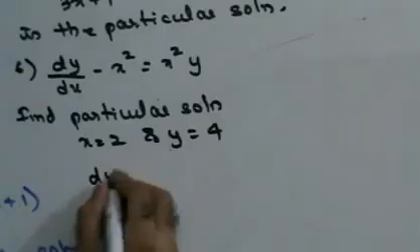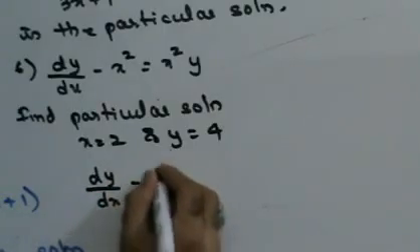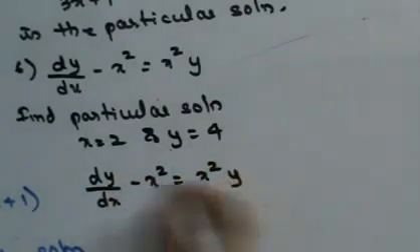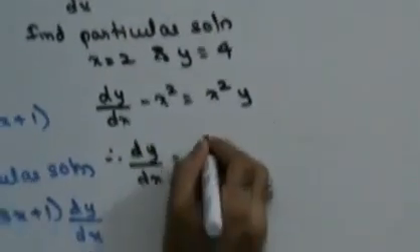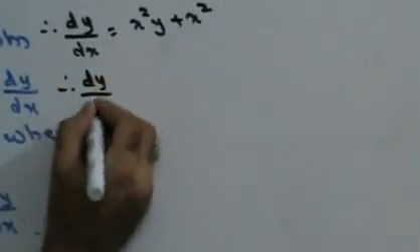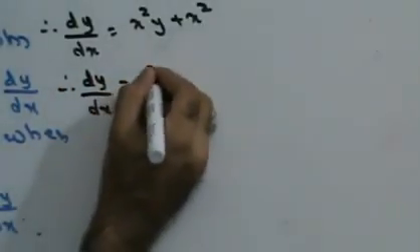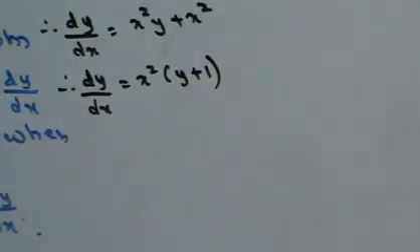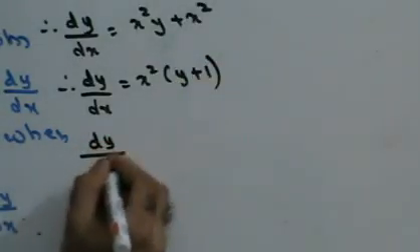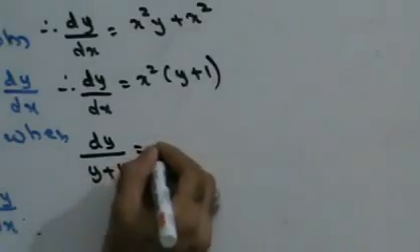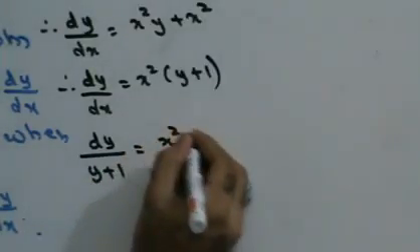You have dy by dx minus x square is x square y. Therefore I can say that dy by dx is x square y plus x square. dy by dx is equal to x square times (y plus 1). So in that case you will get dy upon y plus 1 is nothing but x square dx.